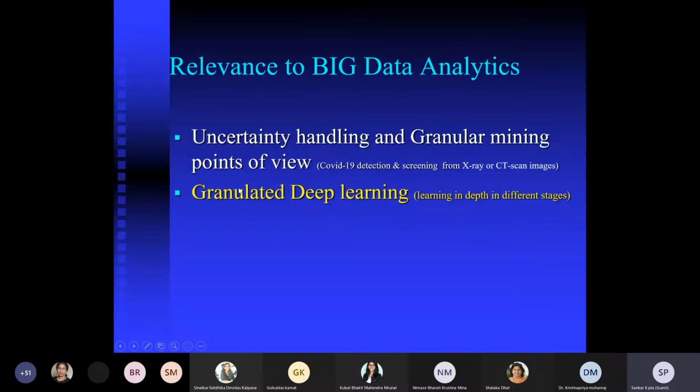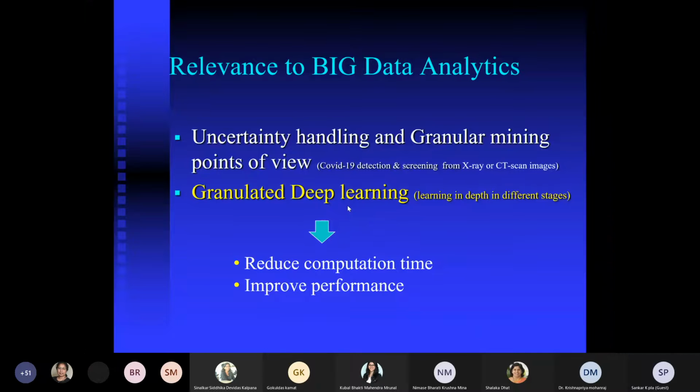Then granulated deep learning. Now, what is deep learning? Learning in depth in different stages. Now, notice that deep learning becomes more meaningful because today we have abundant data, right? Same as machine learning. Let us consider machine learning as shallow learning in order to discriminate it from deep learning.